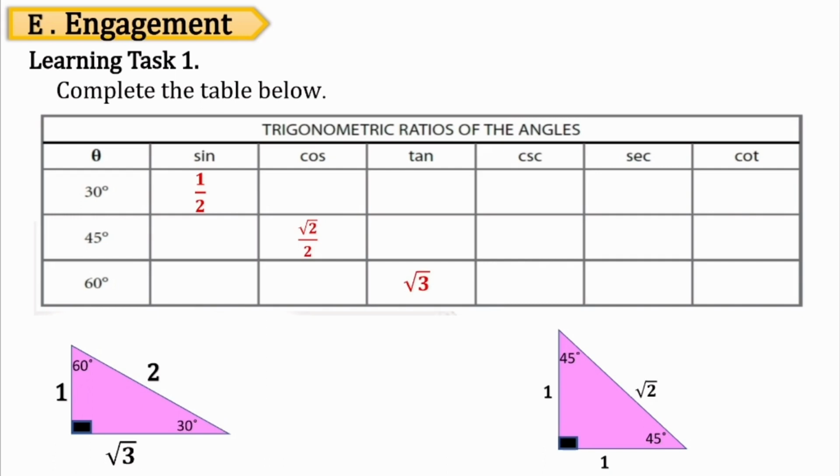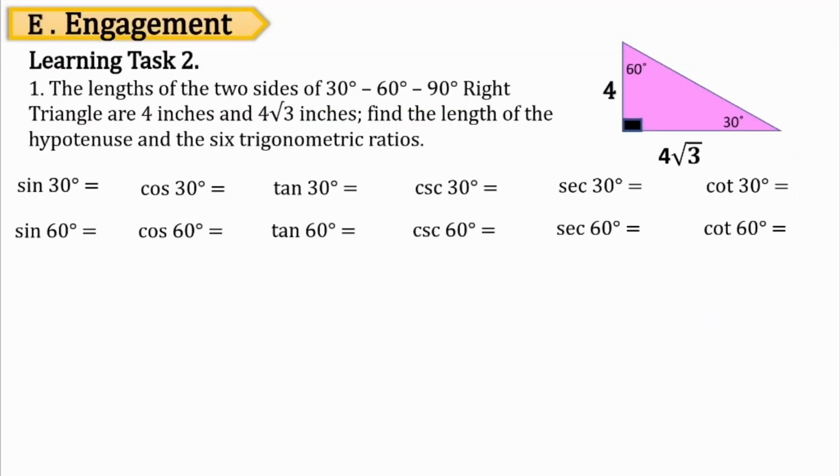Dito naman tayo class sa learning task number 2. The length of the two sides of 30-60 right triangle are 4 inches and 4 square root of 3 inches. Find the length of the hypotenuse and the 6 trigonometric ratios.